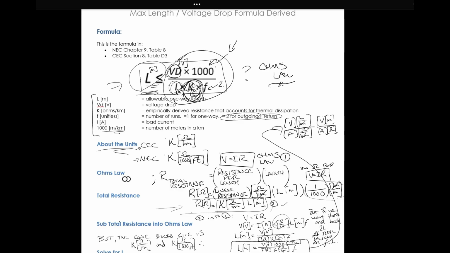And then I want you to remember V equals IR, so let's look at the units. It's volts equals amps times resistance, right? And so if I then sub in amps times resistance for voltage here, I get amps times resistance.